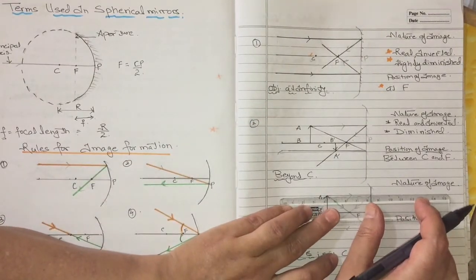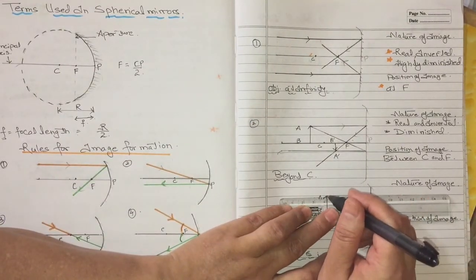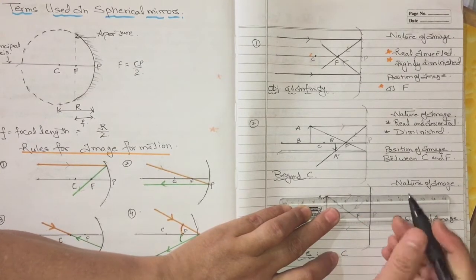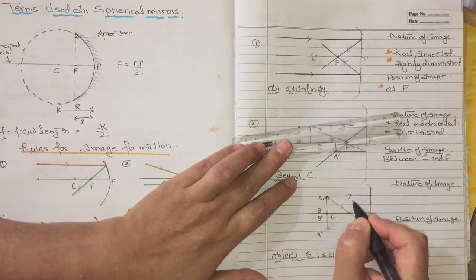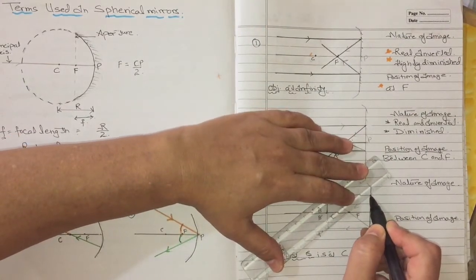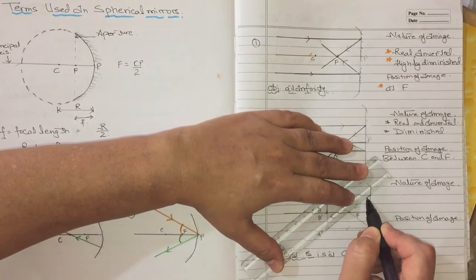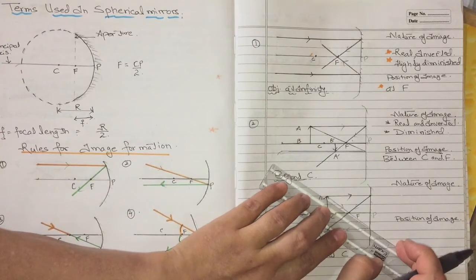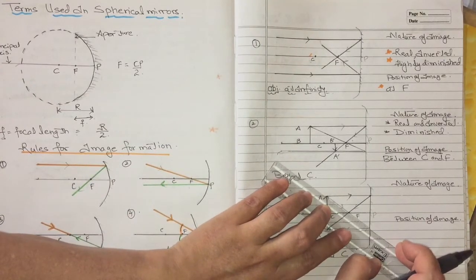Now the first ray that is reflecting from the object is parallel to the principal axis, so it has to go through the focus, right? So I have drawn a ray which is going through focus.